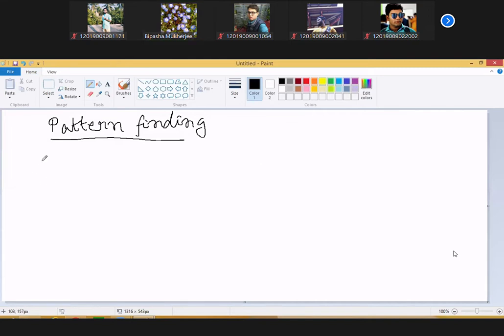I'm telling pattern matching or pattern finding. That is not a sorting algorithm or a searching algorithm. That is not a searching algorithm. Not a machine learning algorithm.